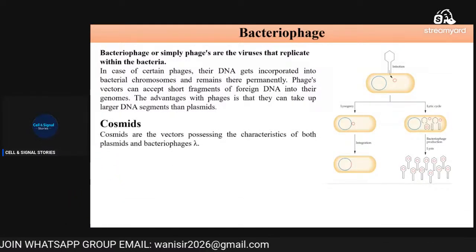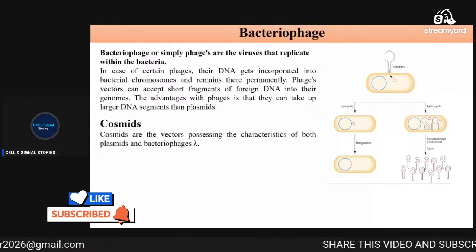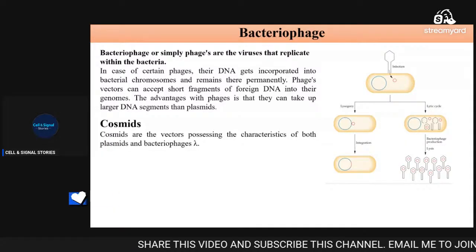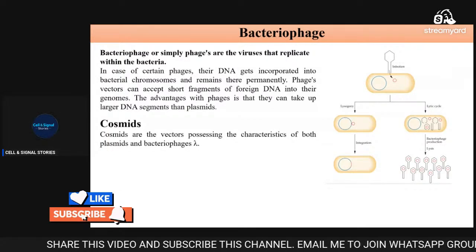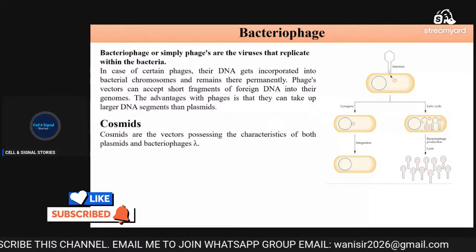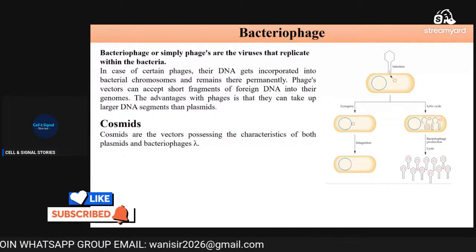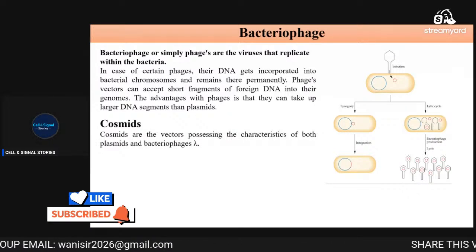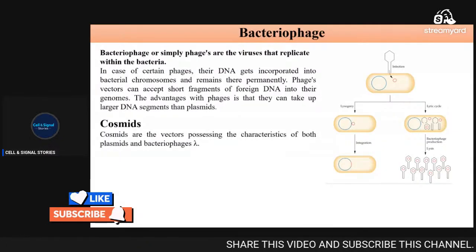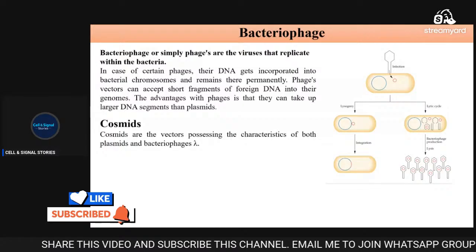Now, another topic is what is a cosmid. Cosmids are also vectors, and they possess characteristics of both plasmid and bacteriophage. If we bring some characteristics from the bacteriophage and some from the plasmid and combine them, they are called a cosmid. What are those characteristics present in the cosmid? In short, a cosmid vector is a hybrid of plasmid and bacteriophage, possessing the best features of both.